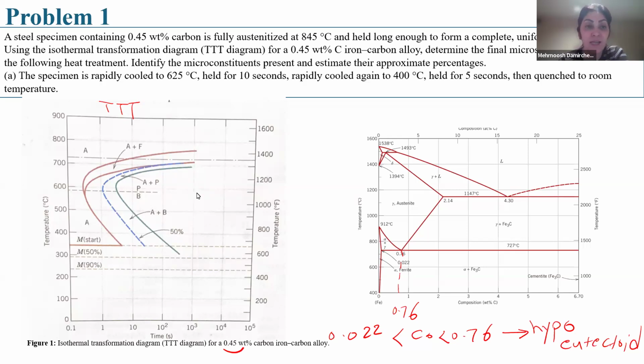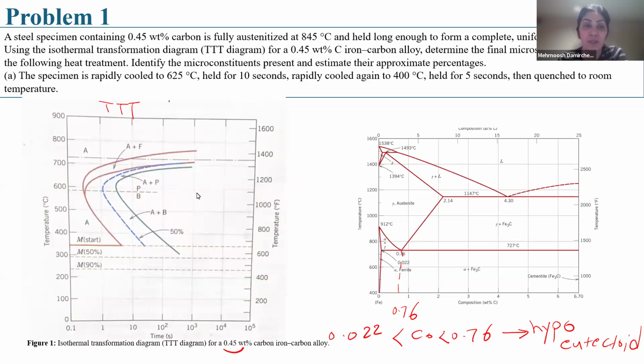It says that the weight percent is 0.45%, austenitized at 845. What's the meaning? That means above 845, we completely have austenite, held long enough to form a complete uniform austenitic structure, meaning gamma or austenite.